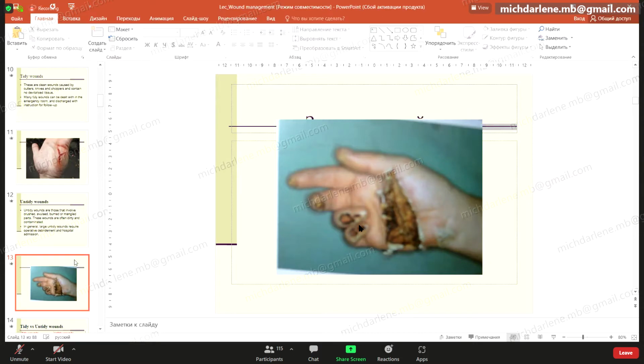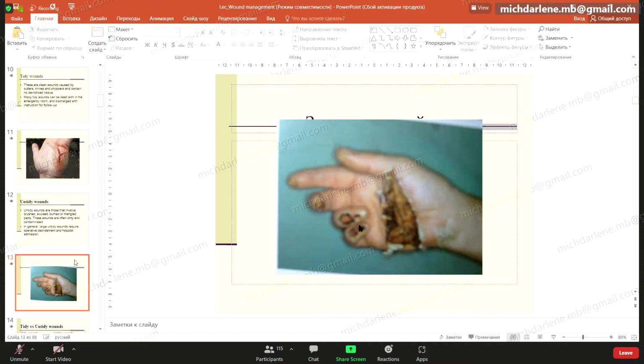What happened? An interesting situation about this patient. It's a combination of frostbite and a wound, and this patient treated this wound for a few weeks with urine.